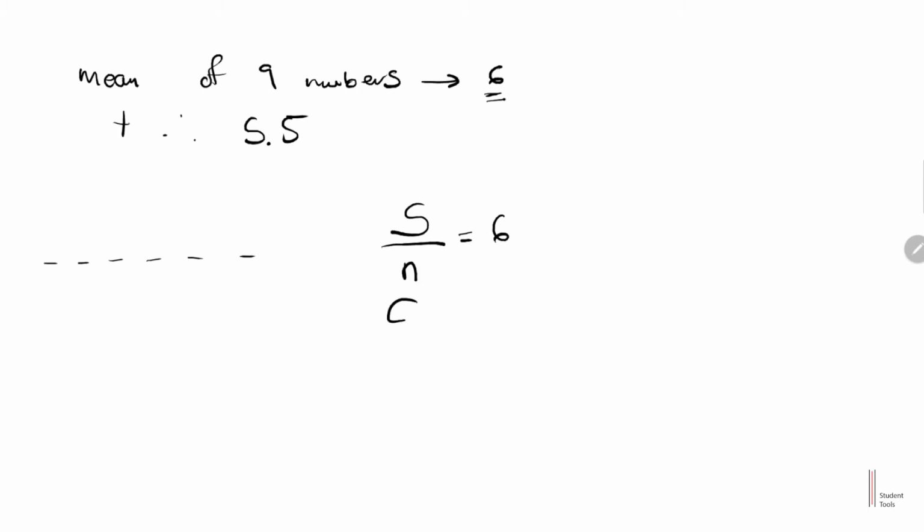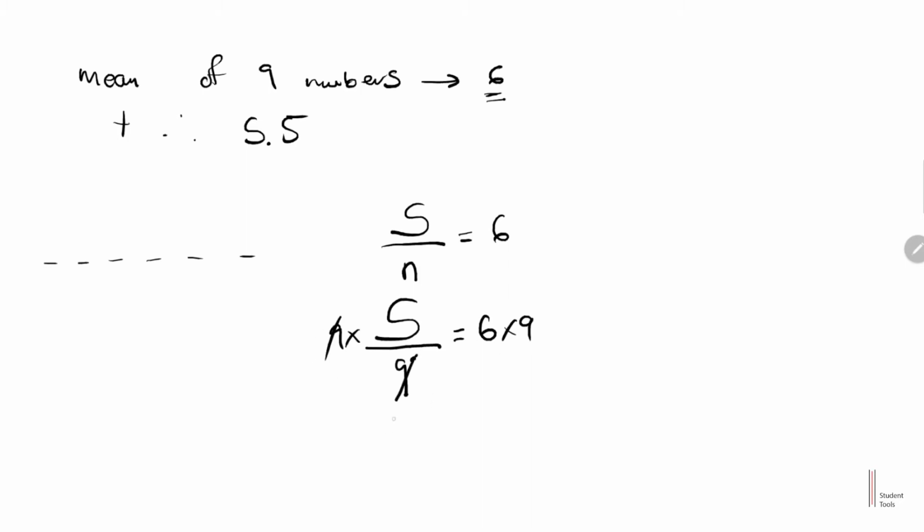So the sum of the numbers in the data set over the number of values in that data set, which are 9, is equal to a 6. We want to find the sum of the values in the data set. So to get this, we have to multiply with the 9 both sides such that this will cancel this.